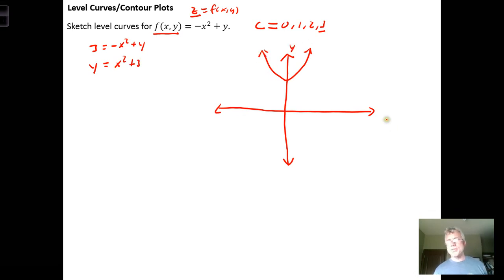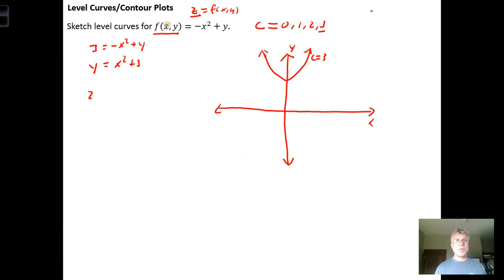So this is the y-axis, this is the x-axis, and then you label this. You say, hey, this is c equals 3. So instead of plotting the point in 3-dimensional space, you're just saying at a height of 3 units out here, I have a parabola. And then you do the same thing for the 2, the 1, and the 0.